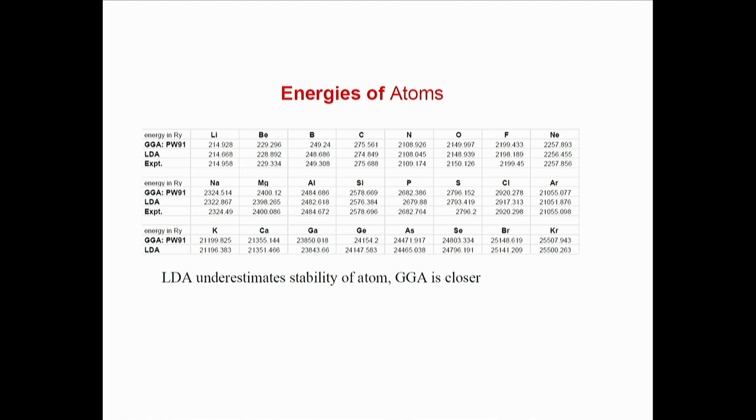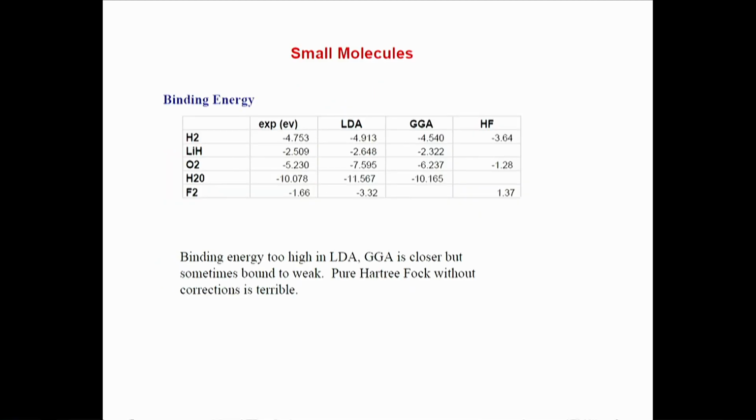Both have a funny problem, which is quite well known. Negative ions are not stable. So negative ions in this framework don't exist. Of course, this is not exactly what one observes.